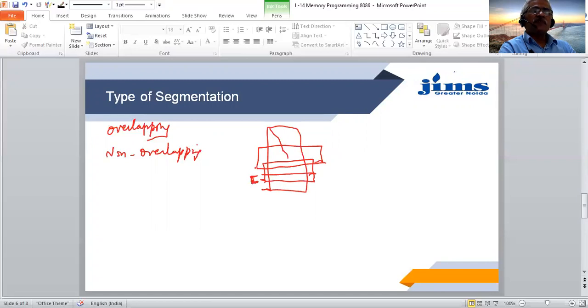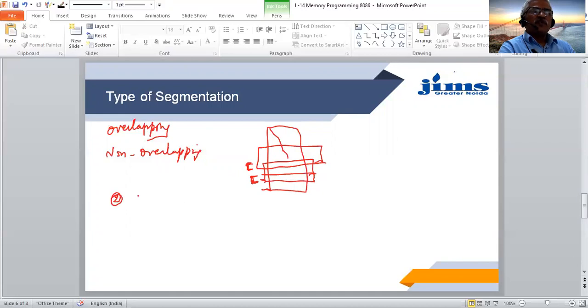The start of the third segment to the end of the second segment is called the overlapping segment. Otherwise, they are not overlapping segments.